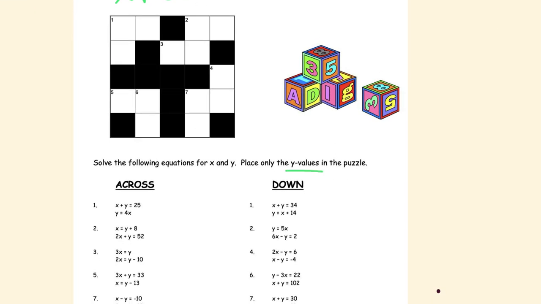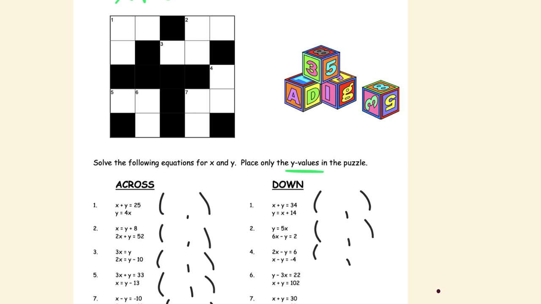We are only going to put our y values of our coordinates in the puzzle to check. That doesn't mean we only solve for y. Your answers are going to be x, y coordinates on every single one. Okay? So if it helps you to go ahead and put your x, y parentheses, then do that.